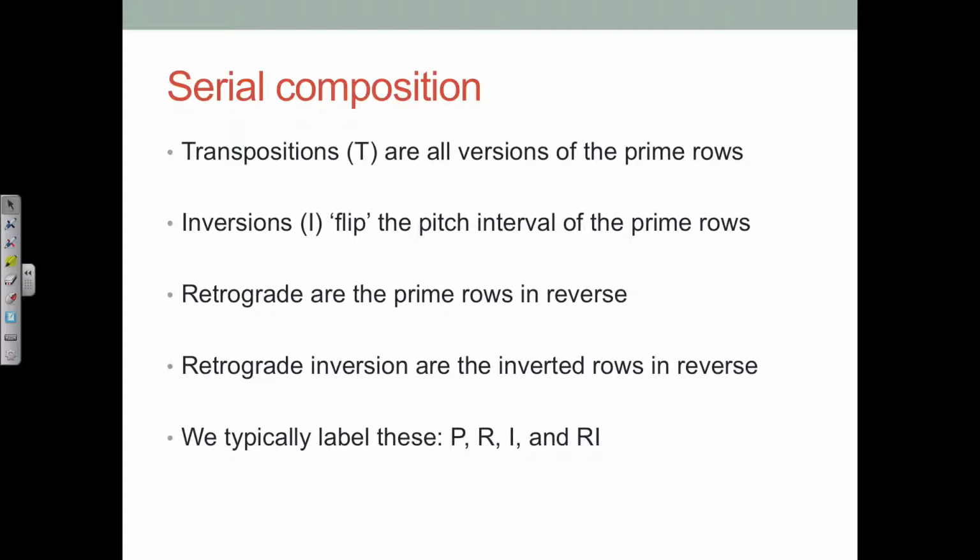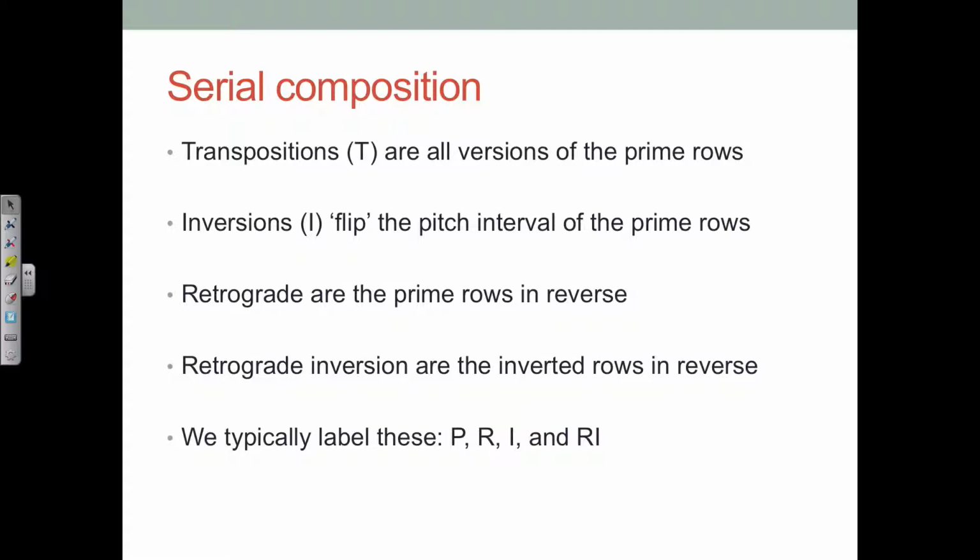First, we can take the original ordered segment and we can transpose it however many times are possible. So in 12-tone music, that means we can take a prime row and transpose it 11 times. That gives us 12 transpositions.